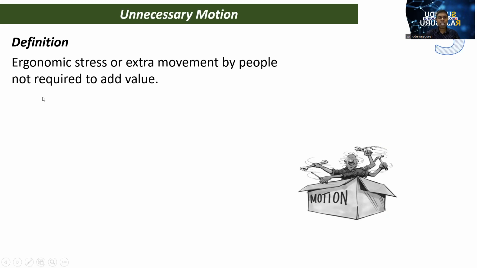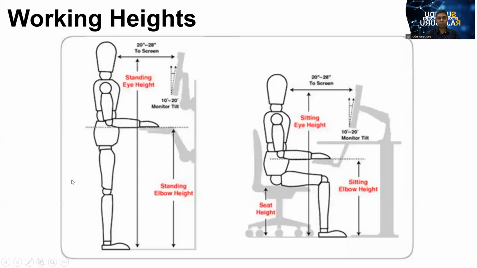The definition is ergonomic stress or extra movement by people that is not required to add value. When we talk about unnecessary motion, working height is one thing. We have to arrange the working height to help workers do their work without fatigue.